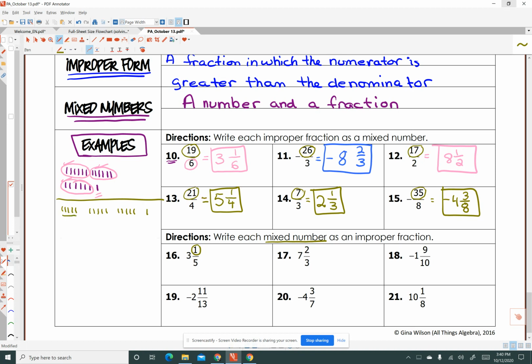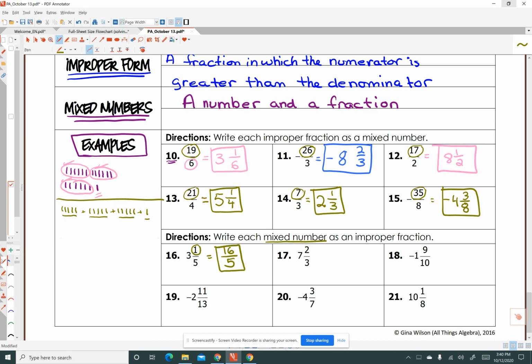Well, I have 5 plus 5 plus 5 plus 1. We can add these groups together. So 5, 10, 15, and one more is 16. That would give me 16 fifths.